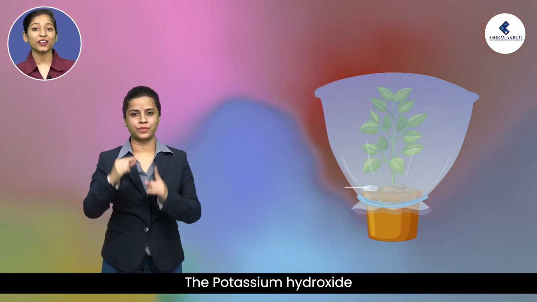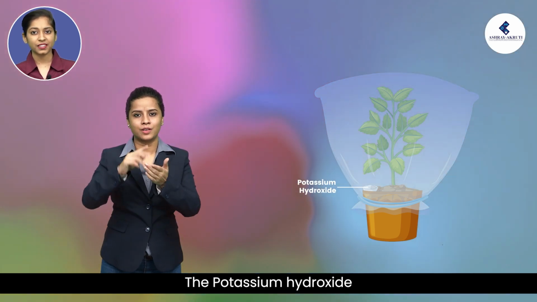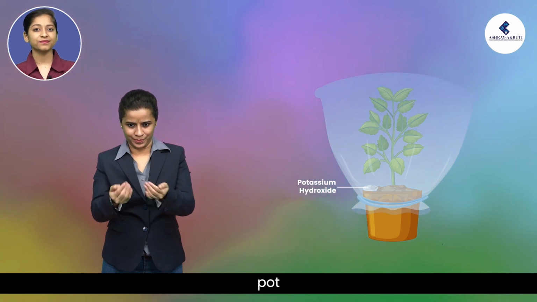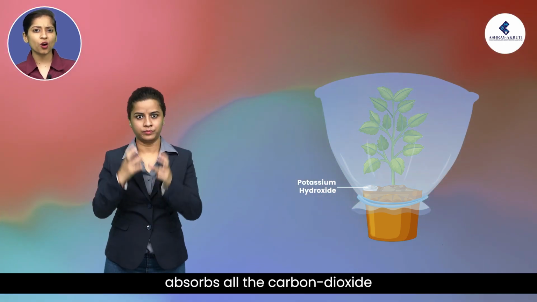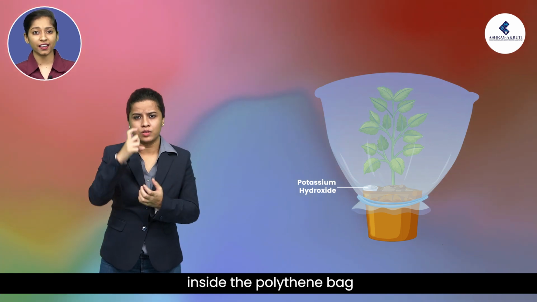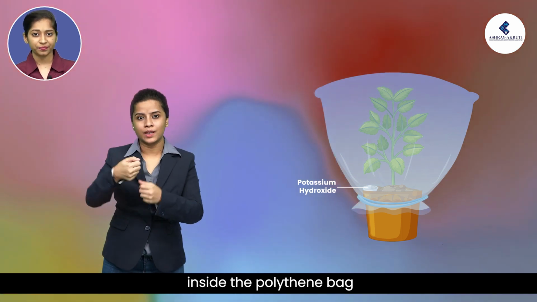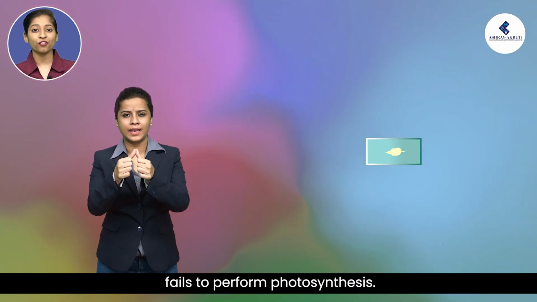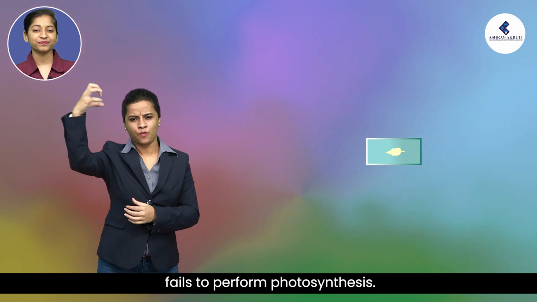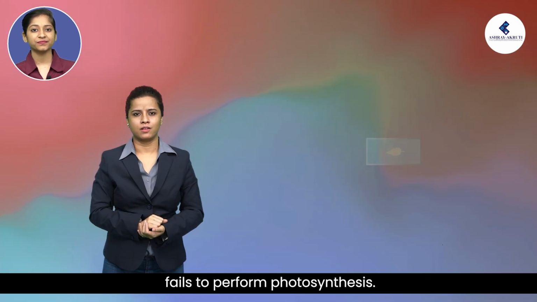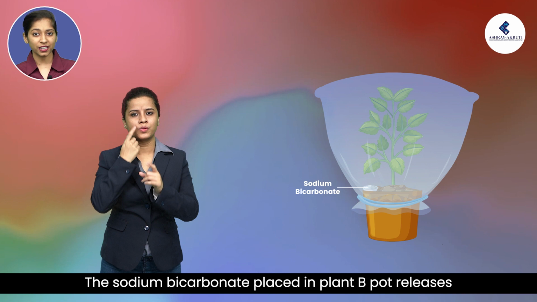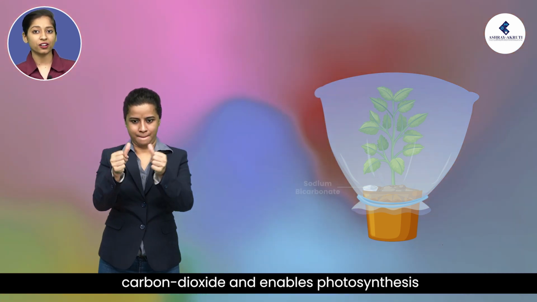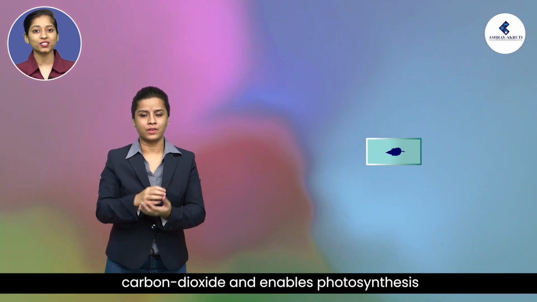The potassium hydroxide placed in plant A pot absorbs all the carbon dioxide inside the polythene bag, and therefore plant A fails to perform photosynthesis. The sodium bicarbonate placed in plant B pot releases carbon dioxide and enables photosynthesis.